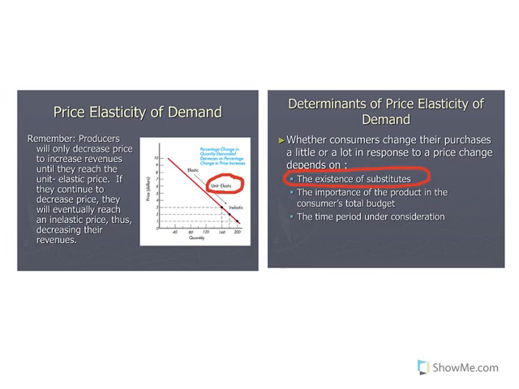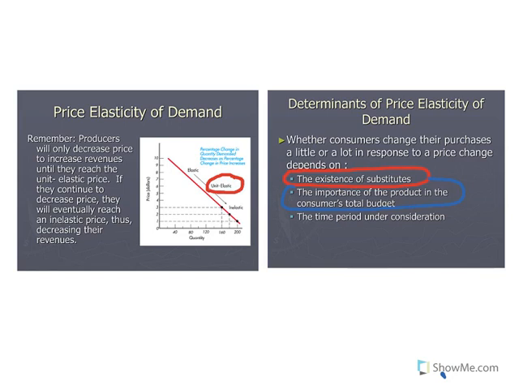The second determinant would be the importance of the product in your overall budget. In other words, the more the item constitutes of your overall budget, the more elastic your demand becomes. So think of something, if you're buying a new car, that's going to constitute a very large percentage of your overall budget because it's an expensive item. So again, because it represents a significant portion of your overall household income, perhaps a 1% increase in the price may actually cause you to put off buying that car.